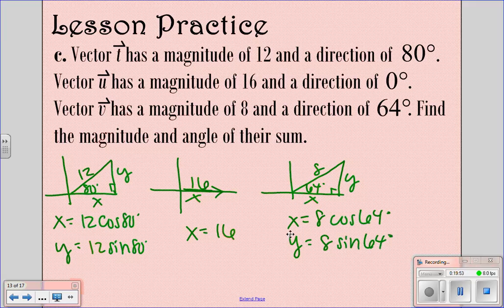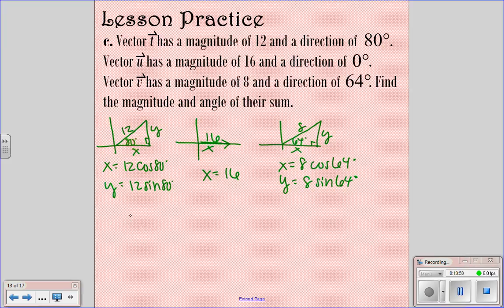And then to find the magnitude and the angle of the resultant vector, we need to add our x's and our y's together. So if you add your x's and your y's, you should get 21.59 for your x.